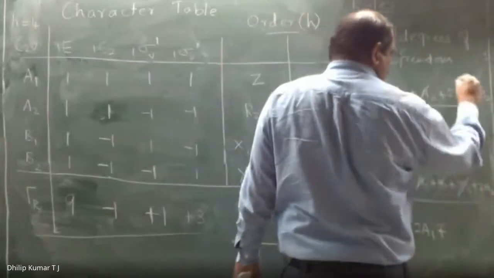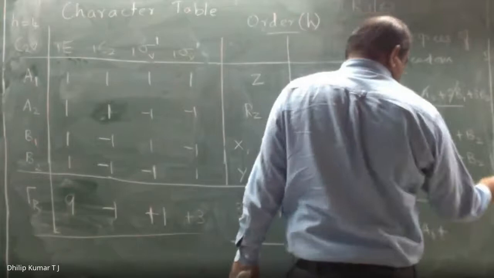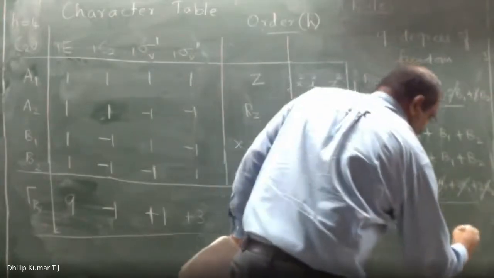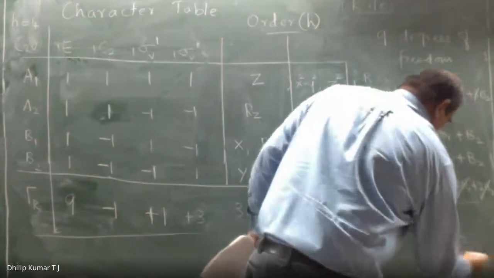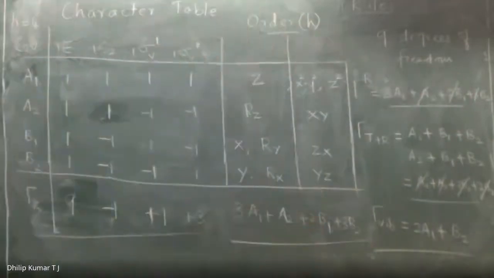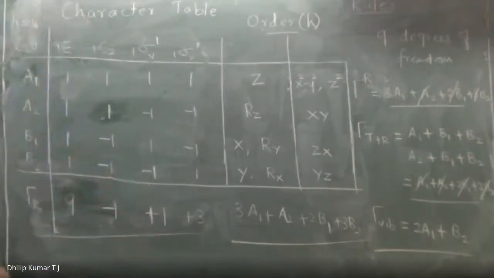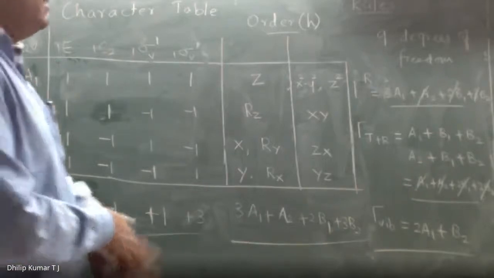B1, this one gets cancelled. This one too. So what is remaining is 2A1 and B2. So you will have 2 A1 symmetry and 1 B2 symmetry in the vibrational modes of water molecule or any molecule having C2V point group.